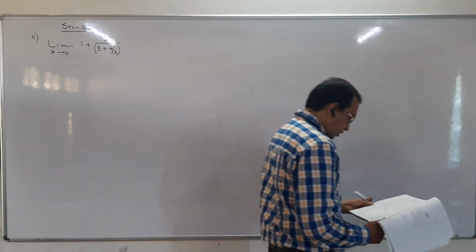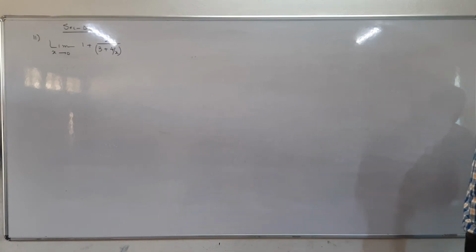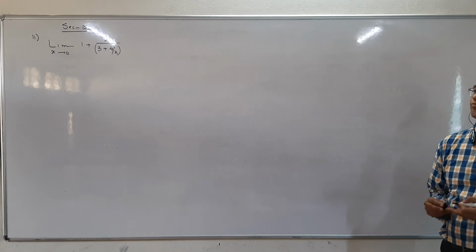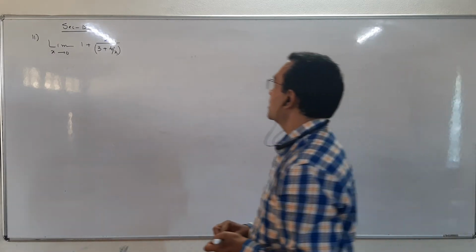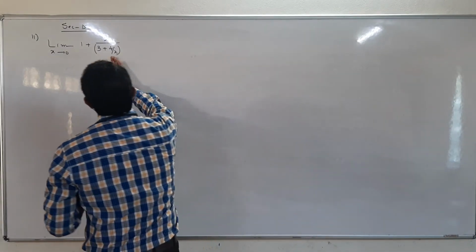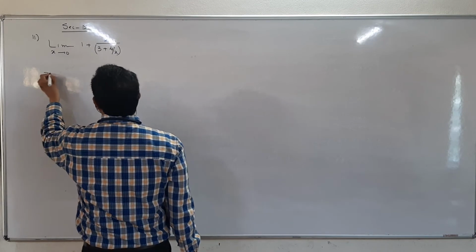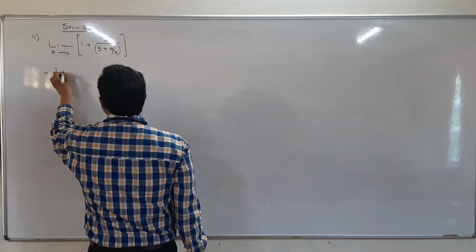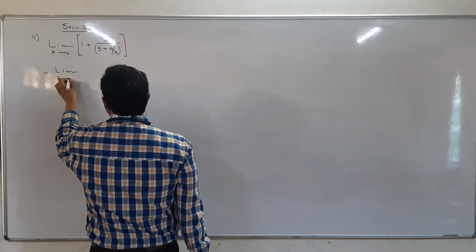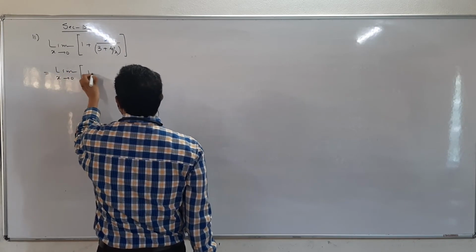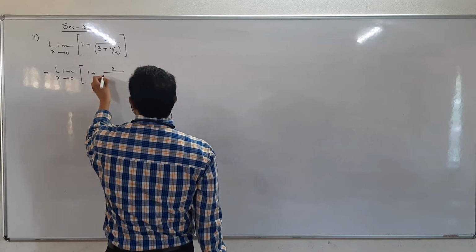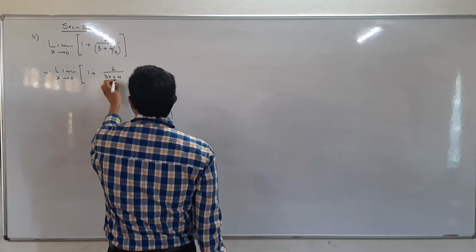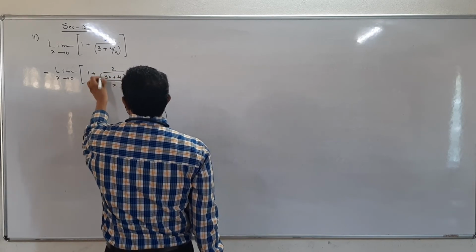Then students, we are going to do two or three questions of section C, which are theories. Now I simply opened this bracket. Students, let us go step by step. This is the entire term. So limit x tends to 0, 1 plus 2 upon, if I take x as LCM, it is 3x plus 4 upon x.